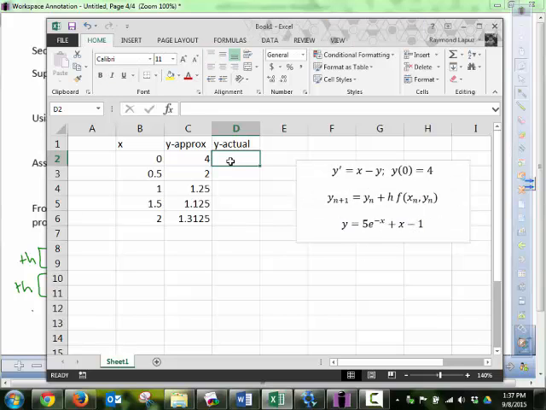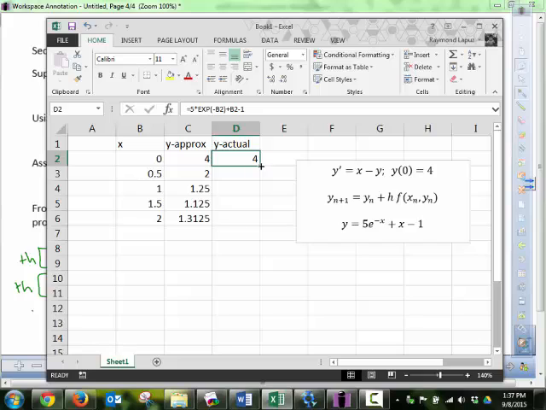So since we know the actual function, we have the advantage of being able to compare the actual answer. So if we want to see the actual answer, it's 5 times e, which is exp in most other cases, to the negative x, and the x for this one is 0. Plus x minus, oops, I don't want just x, I want to actually use this x minus 1.